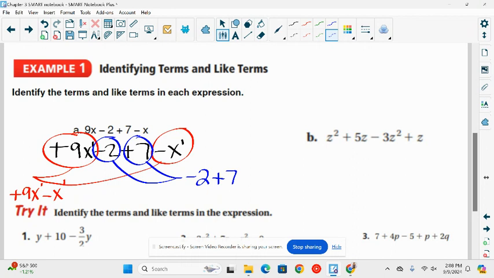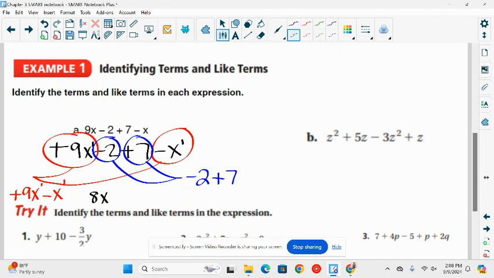Alright. Now that they're sorted, we can combine them. We can simplify them. So I have 9 x's, take away an x. So how many x's is that? I have 8 x's. Alright? Is this one just what I write here? And then I have negative 2 plus 7.